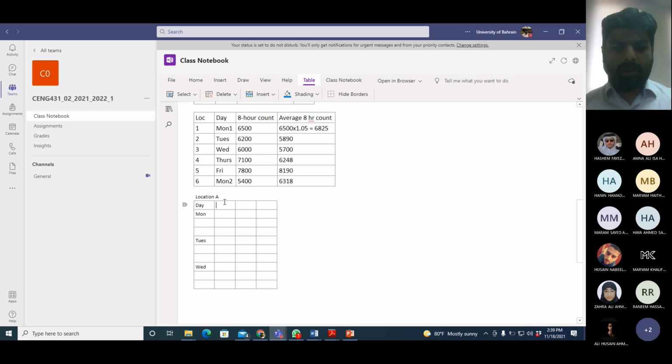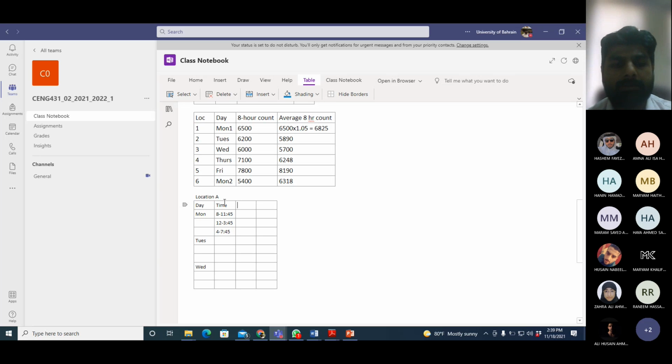Time: 8 to 11:45, then 12 to 3:45, then 4 to 7. And you know the same timings for all the other locations as well, so I'm not writing it again. You can fill the table later on if you want.